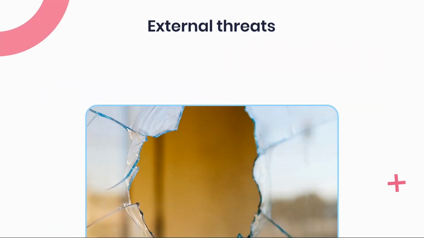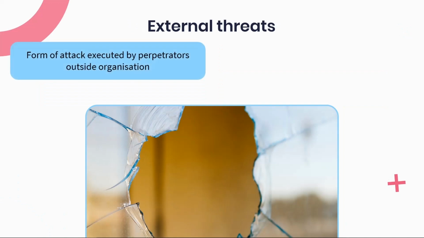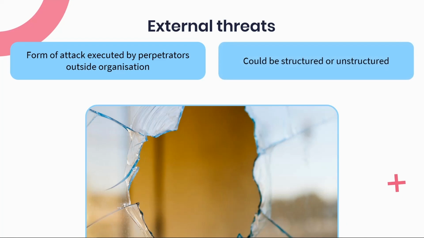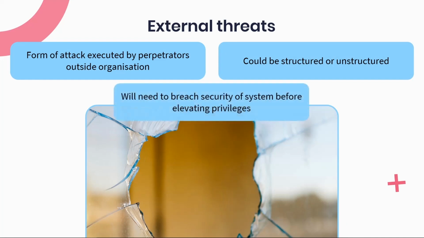An external threat is a form of attack executed by perpetrators outside the organization or a company's network. The external threat could either be structured or unstructured, and the perpetrator will have to gather a lot of information to understand the kind of system they are attacking. The attackers will need to breach the security of the system before being able to elevate the privileges in the system.